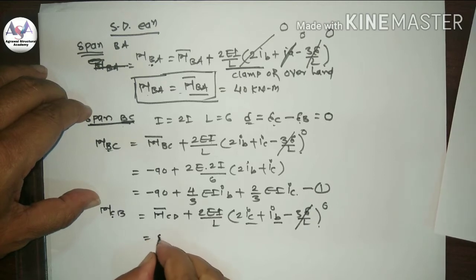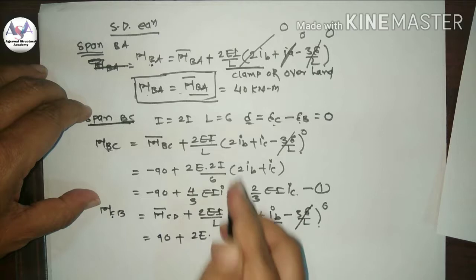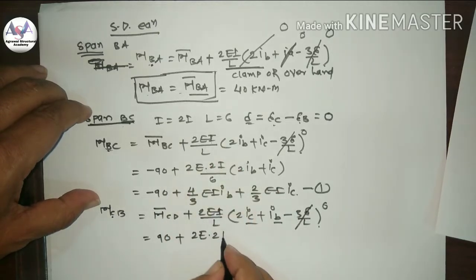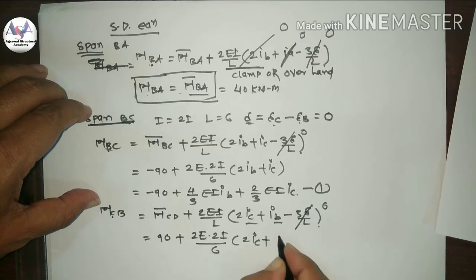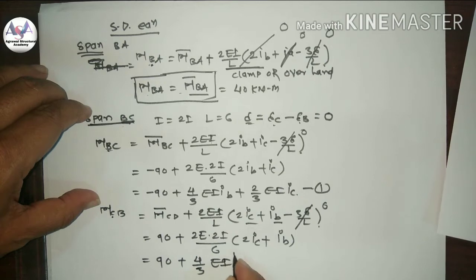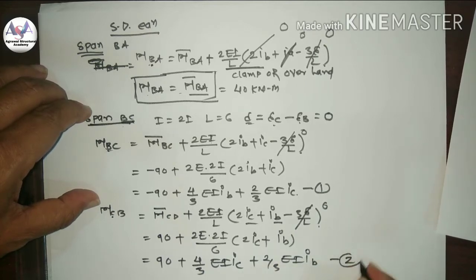So M bar is plus 90 plus 2EI, here I is equal to 2I. So put 2I divided by 6 into twice IC plus IB. So finally becomes 90 plus 4 by 3 EI IC plus 2 by 3 EI IB. This is equation number 2.